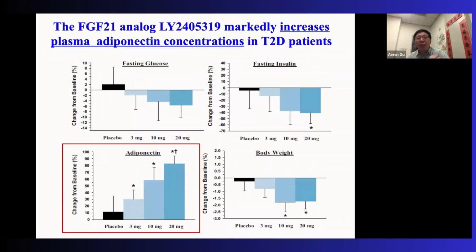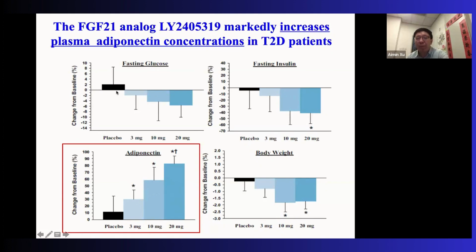After our publication, two years later, a company also tested their FGF21 analogs in humans, in type 2 diabetic patients. They confirmed our animal study, showing that after treatment with FGF21 in type 2 diabetic patients with obesity, adiponectin is dose-dependently increased.